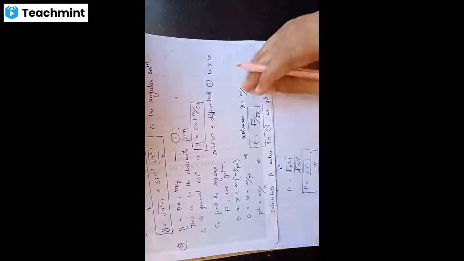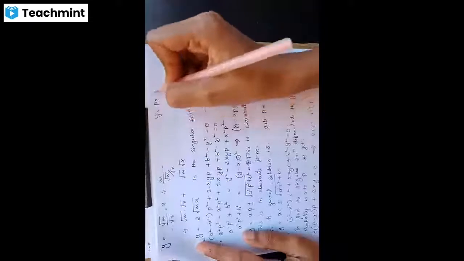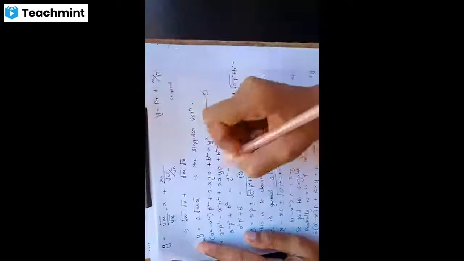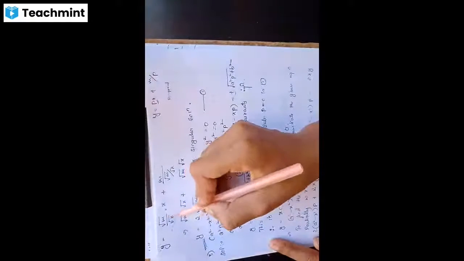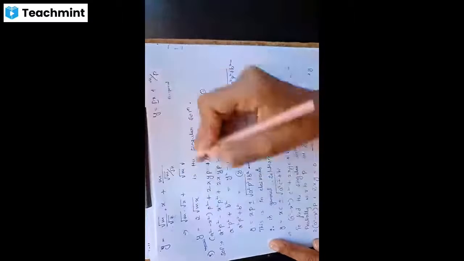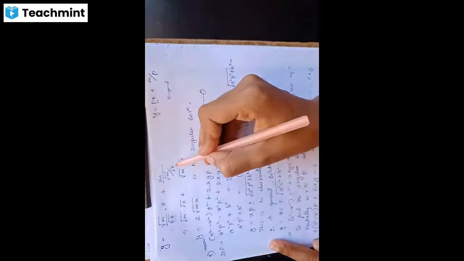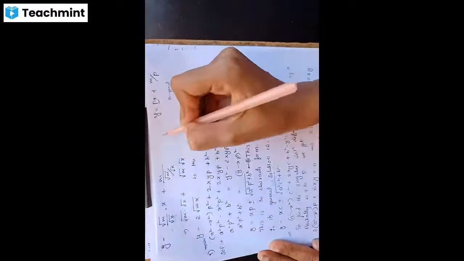Now we have to substitute this p value in the given equation. So what is the given equation? y = px + m/p is our given equation. So p is root m by root x, into x as it is, plus m/p, where p is root m by root x. So x can be written as root x into root x, right?